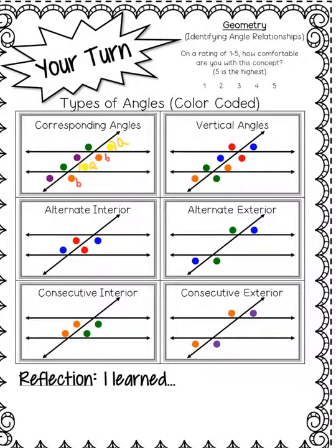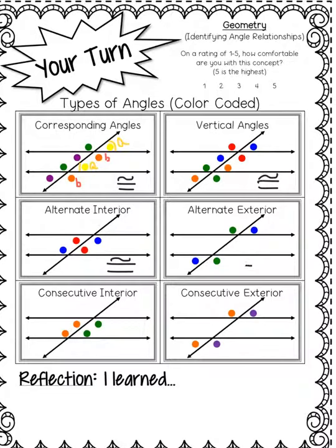Now, all of these: corresponding angles are always congruent to each other or equal. I'll just put the congruent sign. Vertical angles are also always congruent or equal to each other. Interior angles, when they alternate, are always congruent or equal.